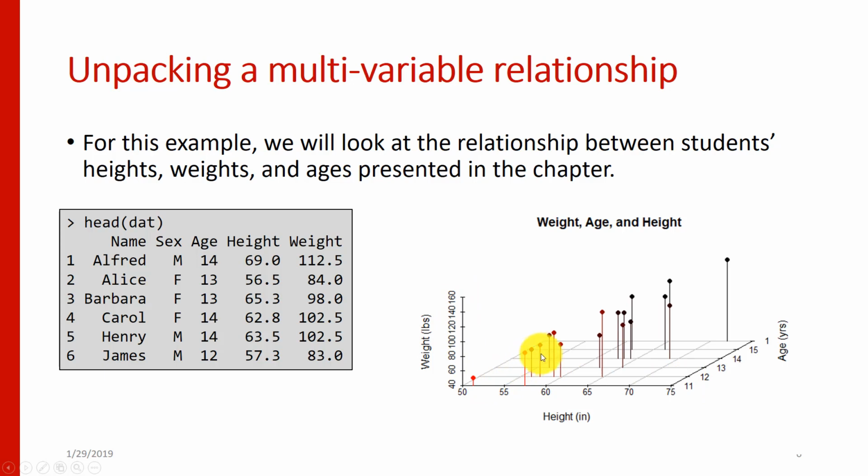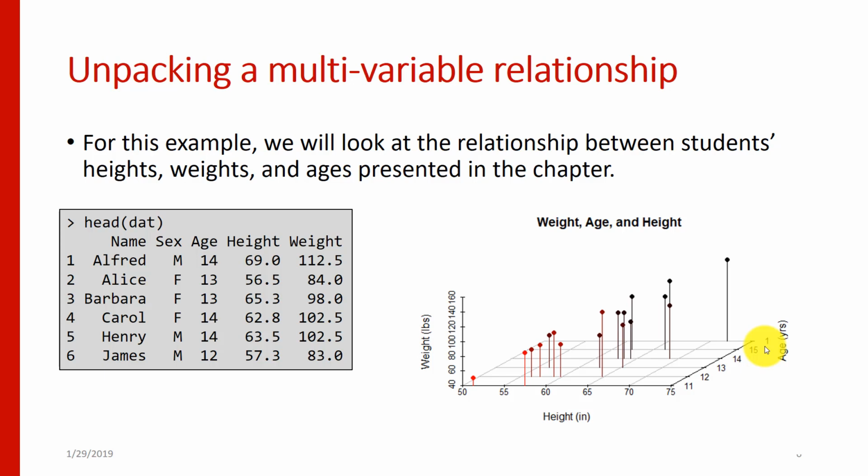Also, as students get older, as we go along the z-axis, their weight tends to increase, right? But height and age also go together, and students tend to get taller as they get older. So we have two factors, height and age, that seem to have positive contributions to weight. However, they're both also related to each other.